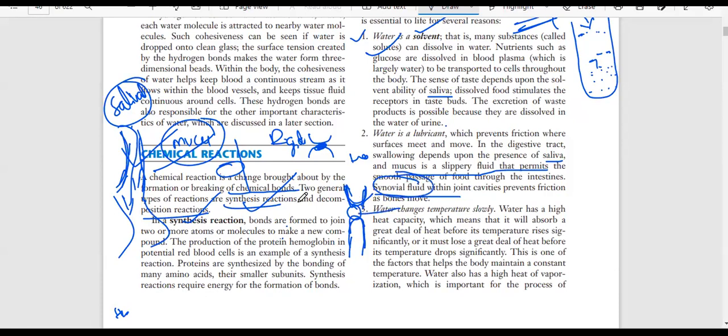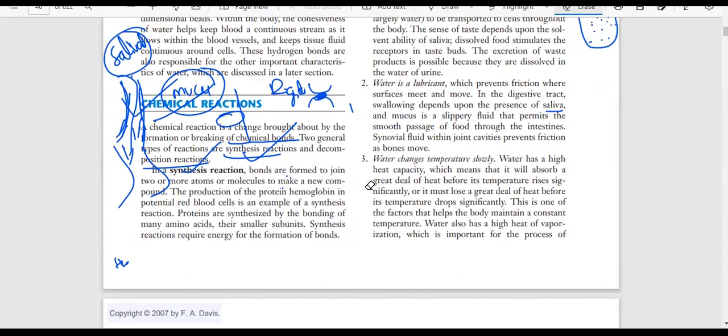Due to the synovial fluid, we are able to move both our legs freely. Why is this happening? Due to the water. It is also a fluid which contains water. This is the importance of water. Water is solvent. Water prevents rigidity or friction.